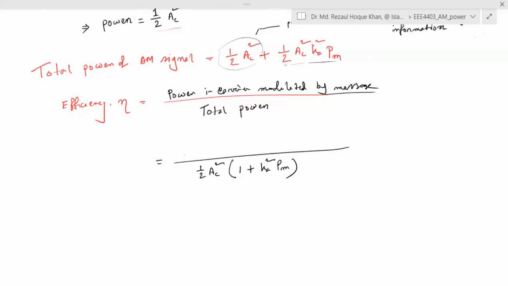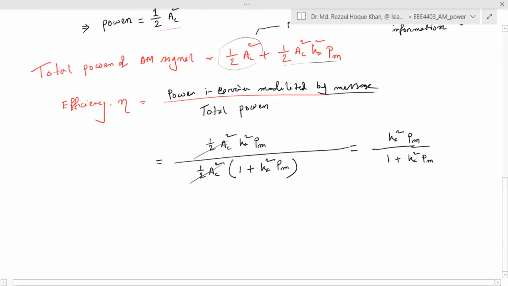And the carrier modulated is half A_c squared k_a squared P_m. Which is nothing but k_a squared P_m over 1 plus k_a squared P_m. So this is the efficiency of the amplitude modulated signal.